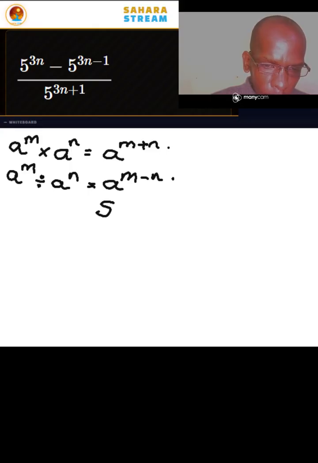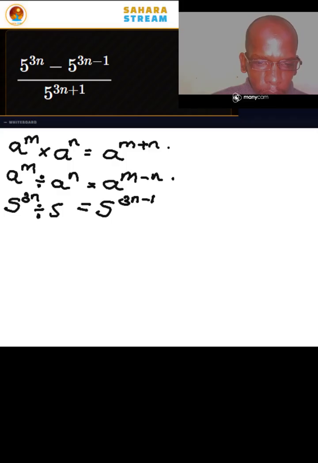So let me put this 5 raised to power 3n minus 1 to this side, and then I say it is equal to, you see, we said a raised to power m can be written now. In our case, m would be 3n, so it would be 5 raised to power 3n, but now divided by 5, the same base, raised to power 1, as n now becomes 1. So we have written this one in terms of this law.